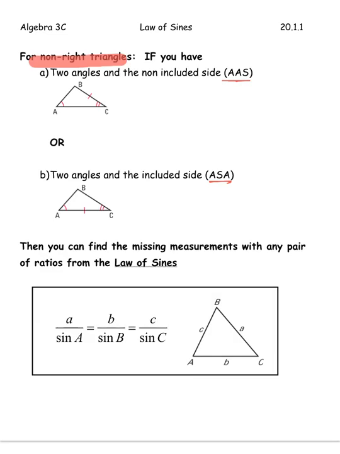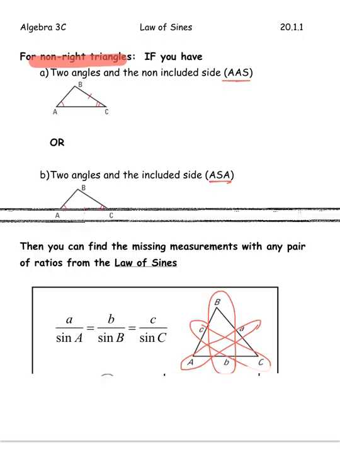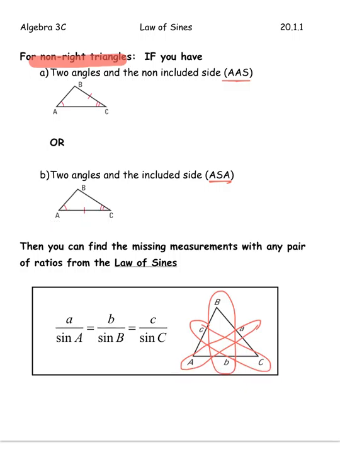It's three equal ratios that pair up the angle of a letter and the side opposite that letter. It'll be a over sine A, b over sine B, c over sine C. The small letters are for sides.